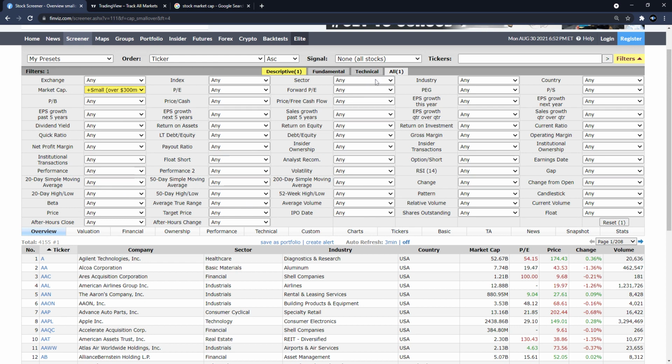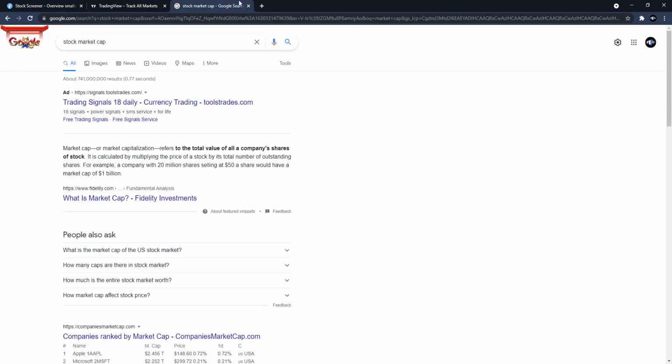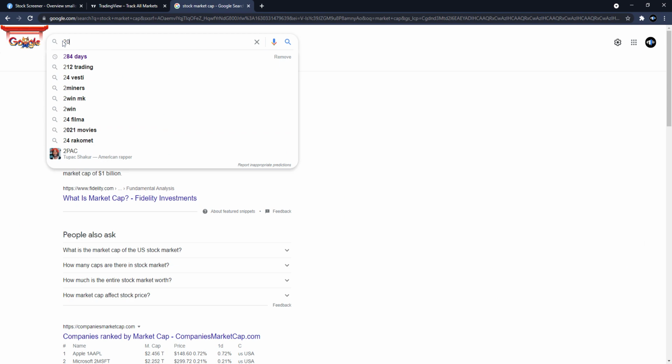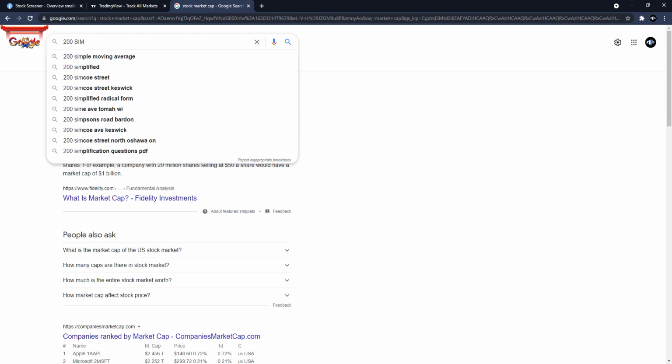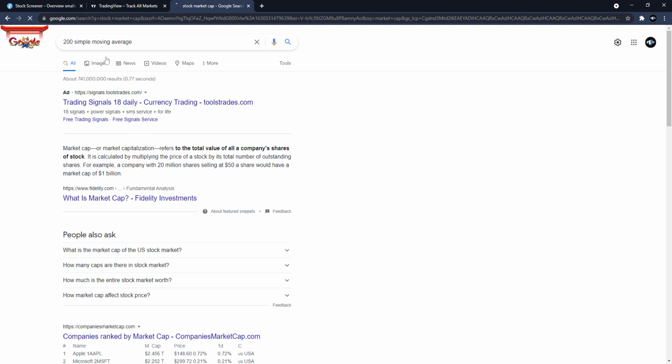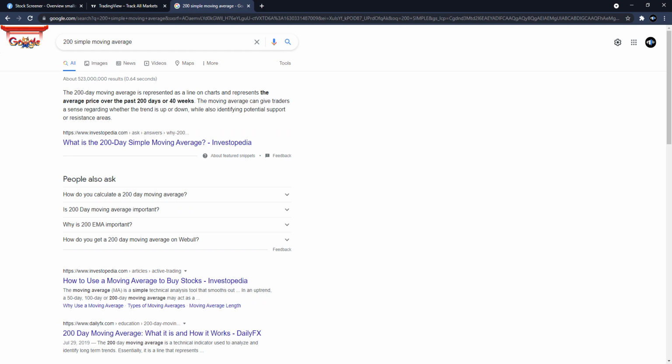In this third one, what we want to fill out is the 200-day simple moving average. Let's see what it is. The 200-day moving average is the average price over the past 200 days or 40 weeks.